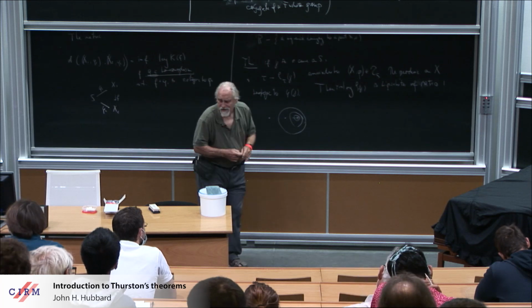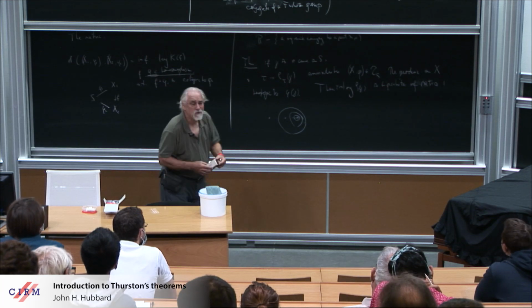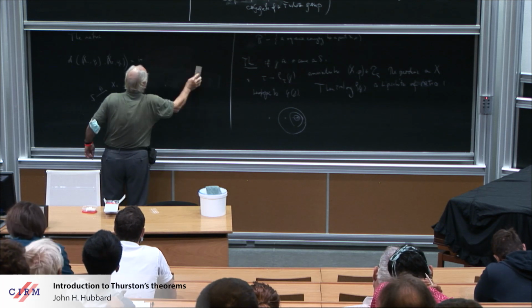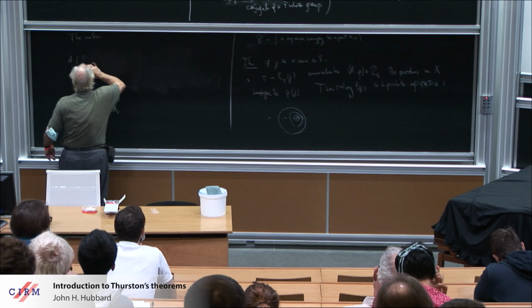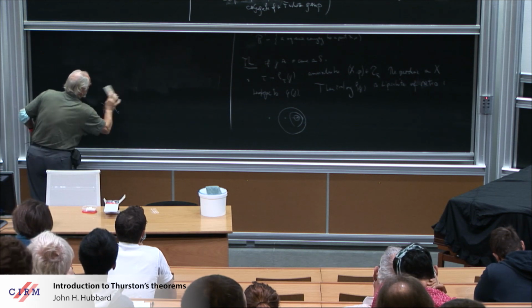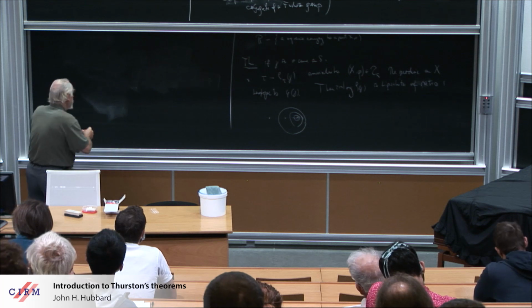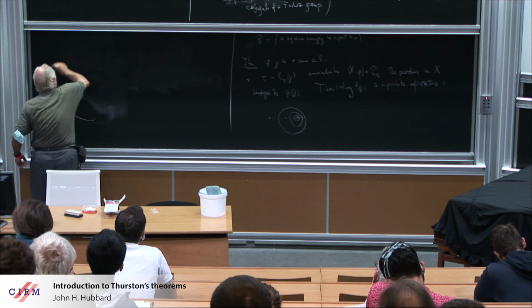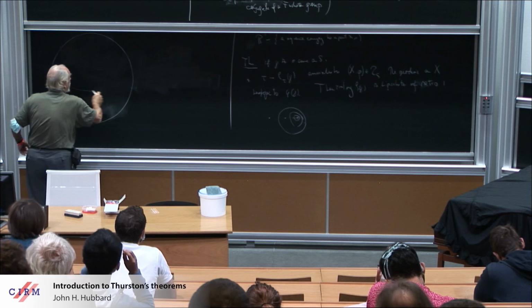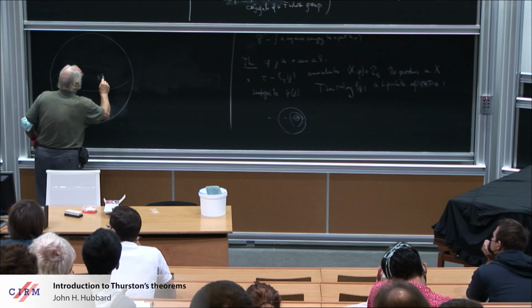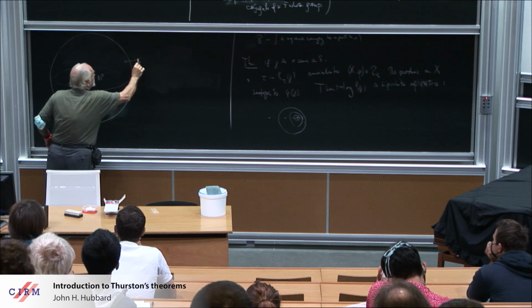So here is an attempt of drawing what this group looks like. Here is hyperbolic space, or perhaps rather its boundary. H3 inside here, P1 here.